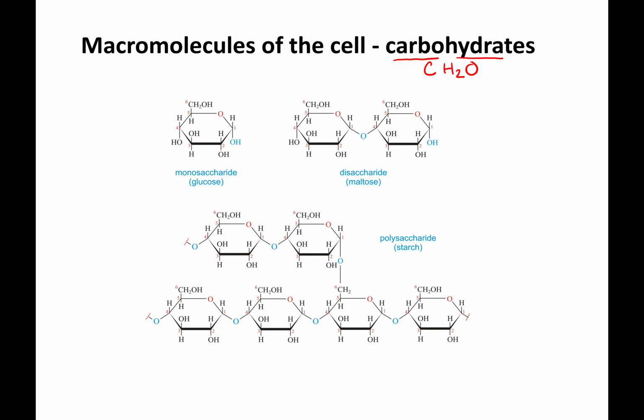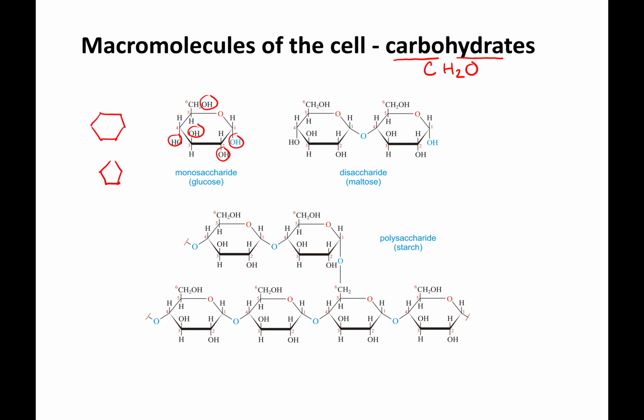So when you're looking for a carbohydrate, you're going to notice lots of OH groups, as well as carbons and hydrogens. And most of the time, we represent carbohydrates as this hexamer. There are carbohydrates we'll look at in DNA and RNA that are more of a pentamer.